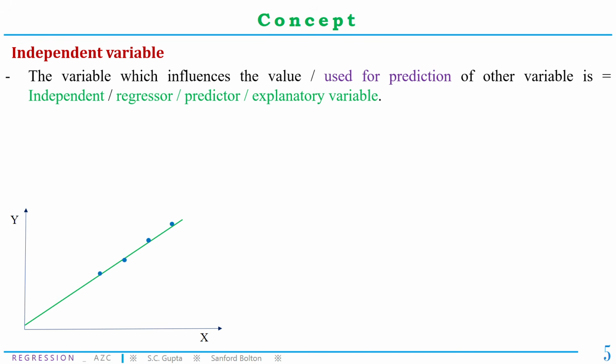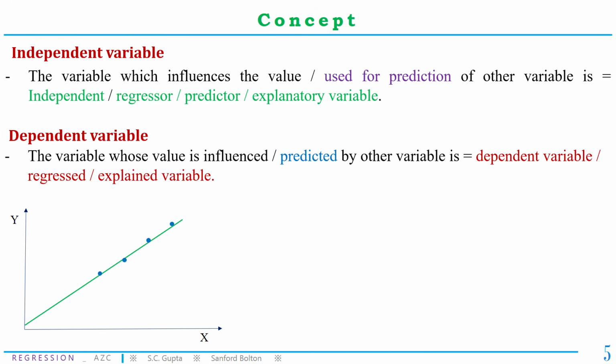Independent variable is also recognized as regressor, predictor, or explanatory variable. The variable whose value is influenced or predicted by the other variable is called the dependent variable. Dependent variable is also recognized as regressed or explained variable.